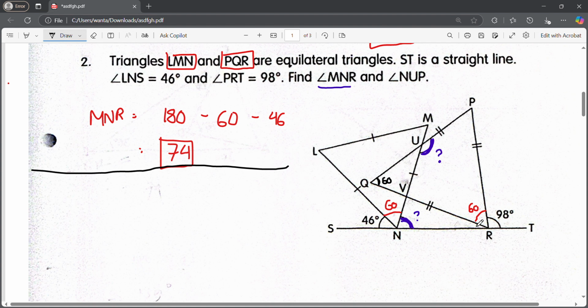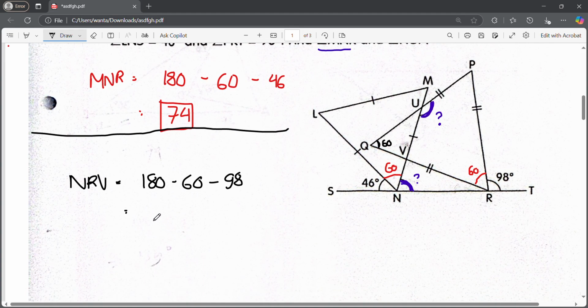Well, let's try to find from this side first. NRV. NRV is in a straight line with 60 and 98. So 180 minus 60 minus 98. 60 and 98 is 158. 180 minus 158 is 22. So NRV is 22. What about MNR, this angle? Well, we just found it was 74.